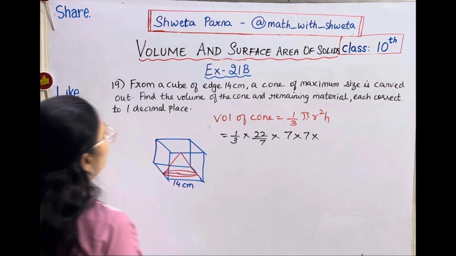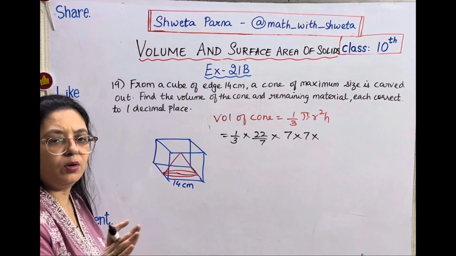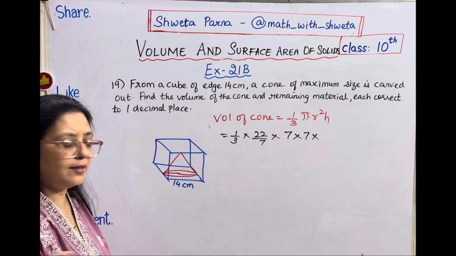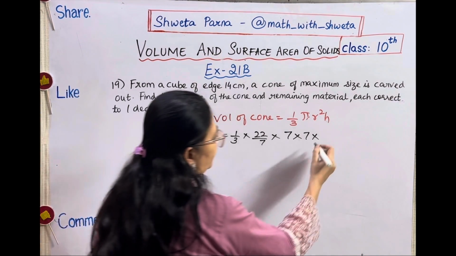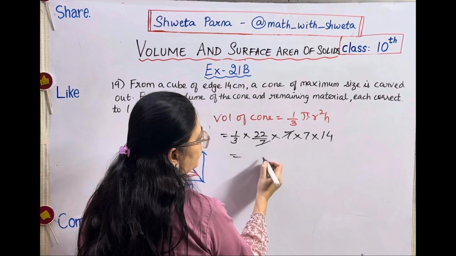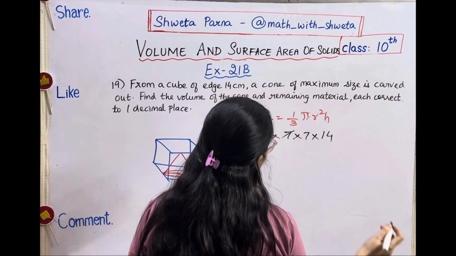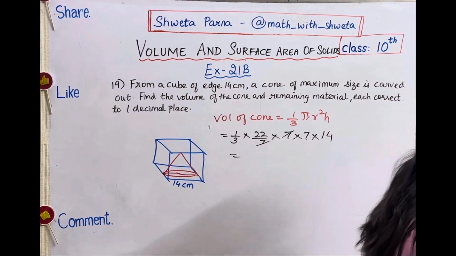And height, what is the height given? This is 14. In a cube, all sides are equal. So the height is 14. Correct? 7 gets cancelled. So, this is 22 into 7, which is 154. 154 into 14.